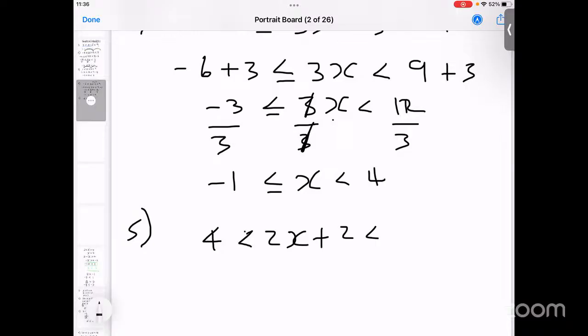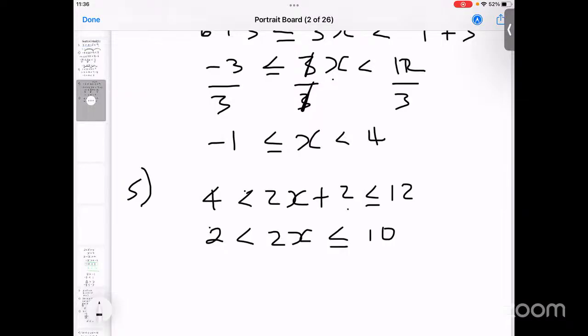Then obviously that and that will work out to be that, and then you have 2x less of that, it will work out to be that. You divide both sides by that 2, you end up having 1. Because you divided by a positive, you will have x there, and then you are having 5 there. See, now I'm just taking some shortcuts.